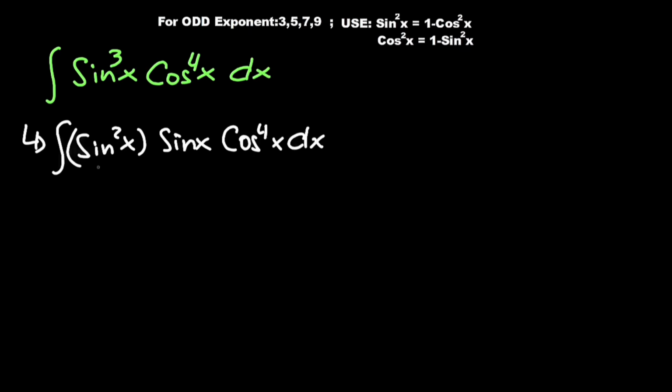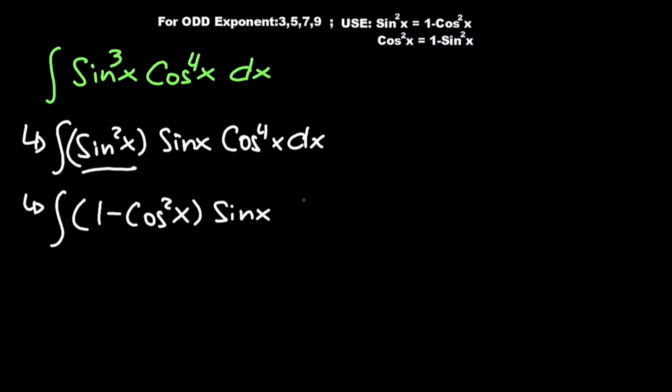And so, transform this into this identity. So this would be integral of 1 minus cosine² of x sin⁵x. Let's just rearrange this. So this would be cosine to the power of 4 of x multiplied by sin⁵x dx.